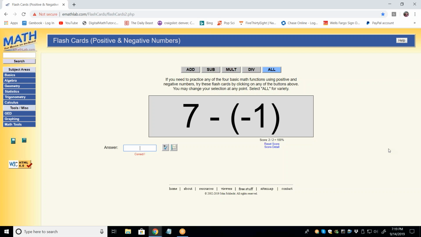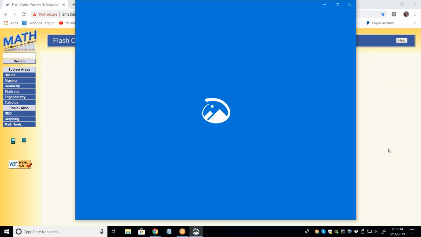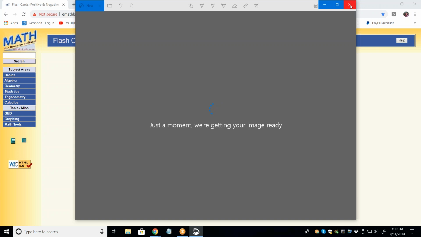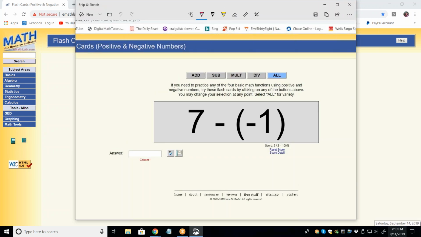Okay. So the first thing you want to do on a subtraction problem like this is turn that into an addition like that. And because I did that, I have to change the sign of what was being subtracted. What was being subtracted is a negative 1.